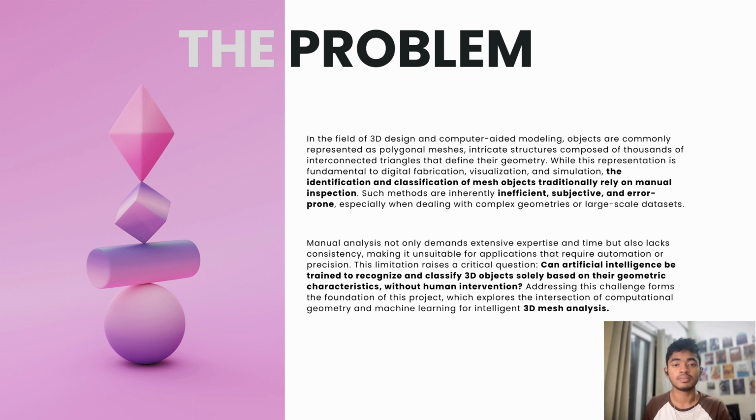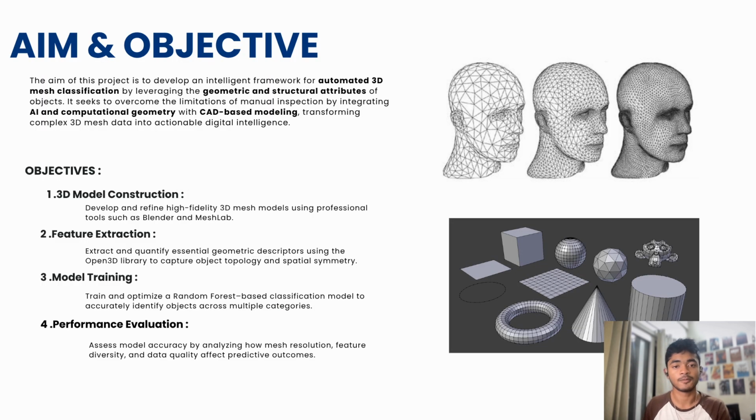Next, the aim and objectives of this project. The aim of this project is to create an intelligent system that can classify 3D mesh models automatically by analyzing their geometric structure.